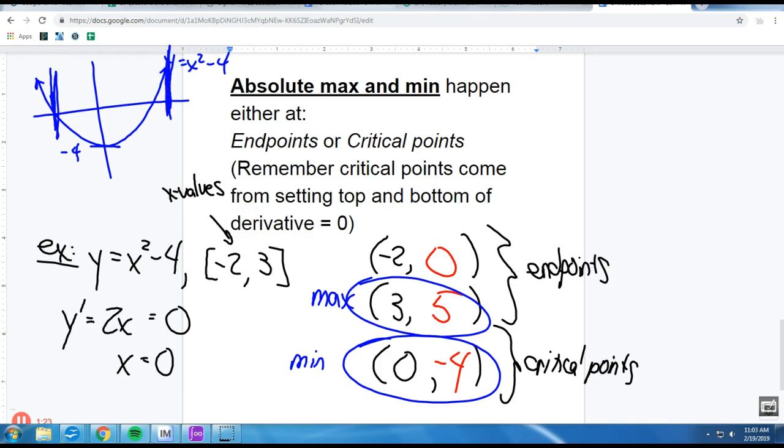And so the smallest y value is the one down there. The biggest y value is the one up there. So one happened at an endpoint, one happened at a critical point. Questions? Yeah, on your worksheet. We'll do one or two of those on there too.